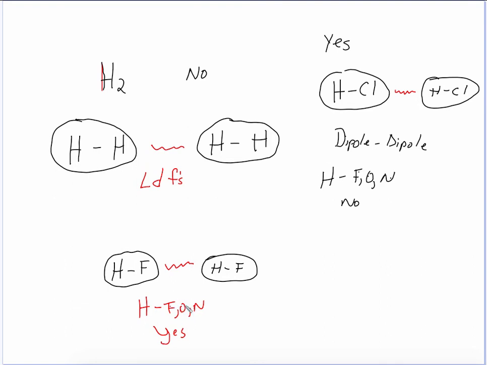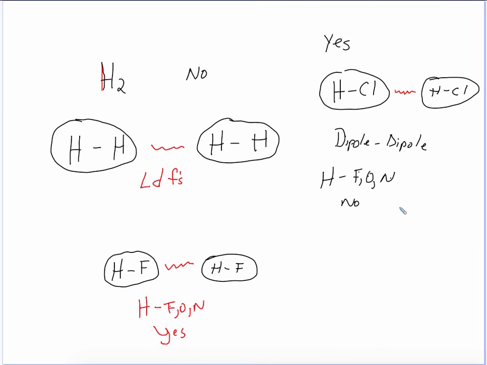The reason it's these three atoms here is because they are the most electronegative atoms. Basically, what they do is they pull the electrons so close to them that it makes kind of an extreme dipole, which makes this attraction stronger than in normal atoms.